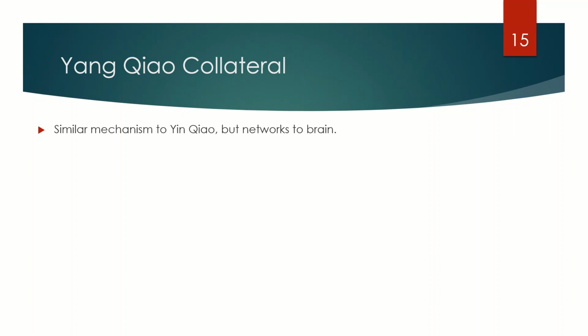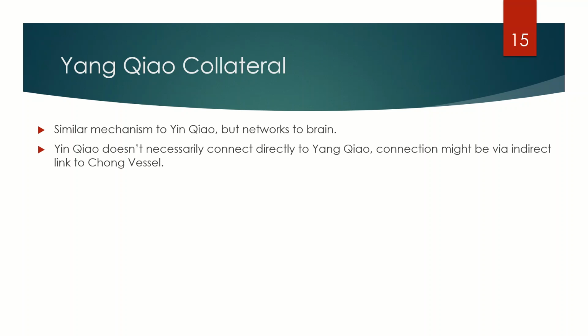But in general, the Yang Qiao is similar to Yin Qiao in that it conduits Wei Qi into and out of the brain, and in this case, it does so via the eye complex, and so that's a whole other issue. And it goes into some anatomical research as well.